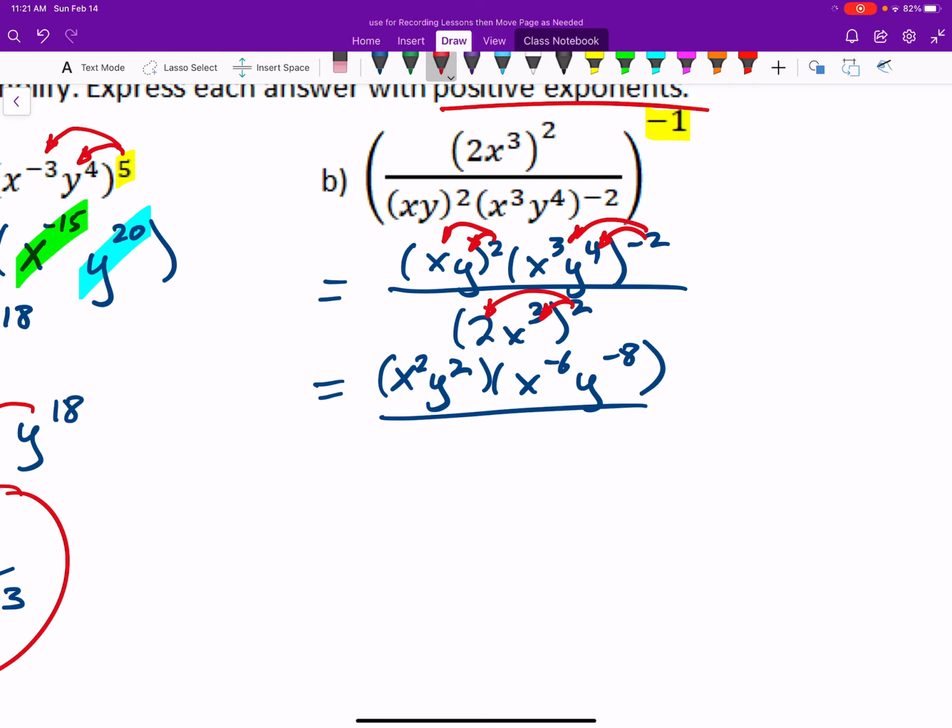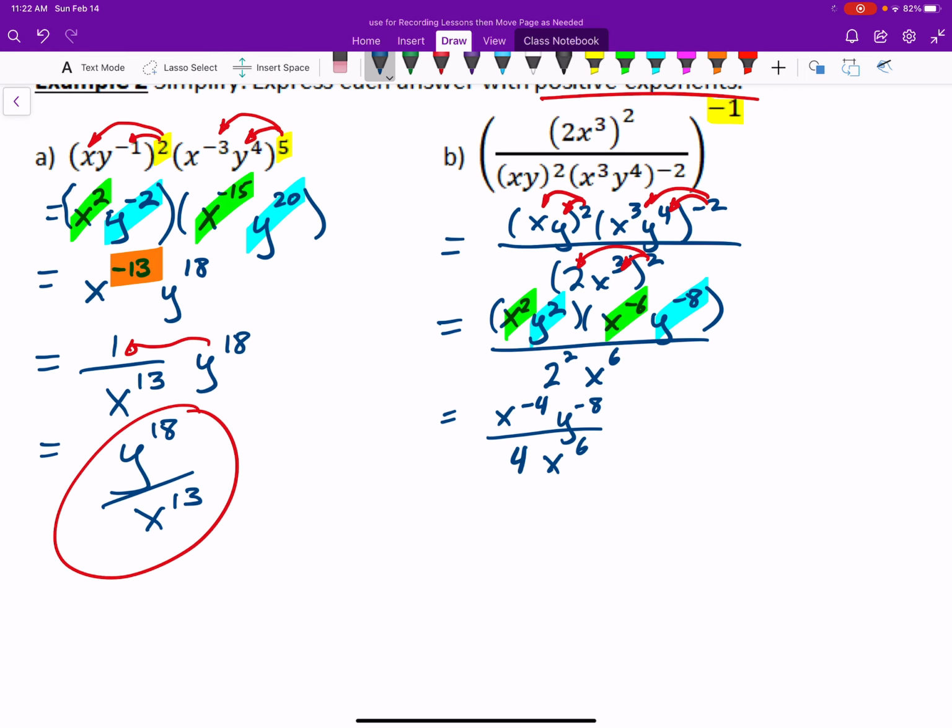If I start simplifying my x's on the top, when I multiply those together, I've got x to the negative 4. If I do the y's together, I've got y to the negative 8. On the bottom, I've got 4, 2 squared is 4, x to the 6. Now, again, I can think of x to the negative 4 as 1 over x to the positive 4.